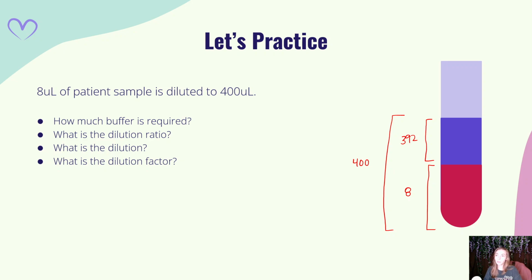Then we can get our dilution by comparing our patient volume to our total volume. So 8 over 400, which divides down to, what is that, a 1 in 50?